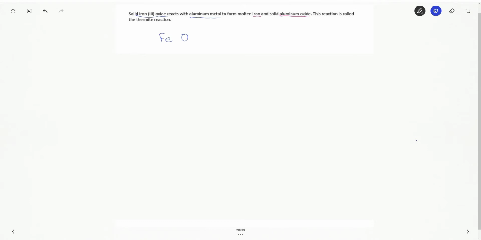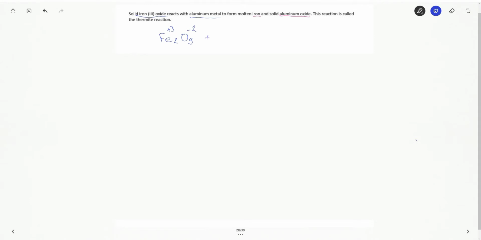So iron has an oxidation state of +3. Oxygen, we can predict this from the periodic table, has an oxidation state of -2. Therefore, I have Fe2O3 as my iron oxide. Okay, great. That's one reactant.